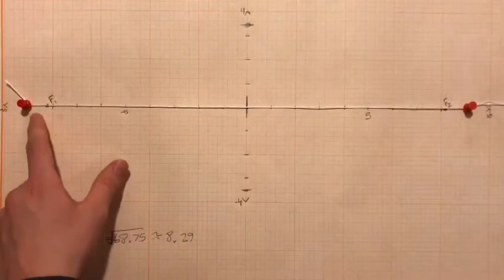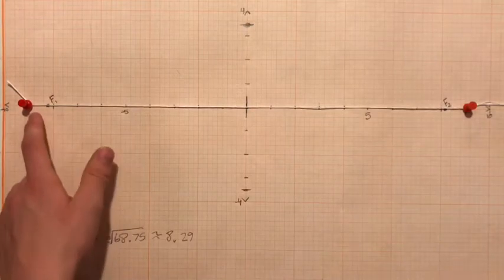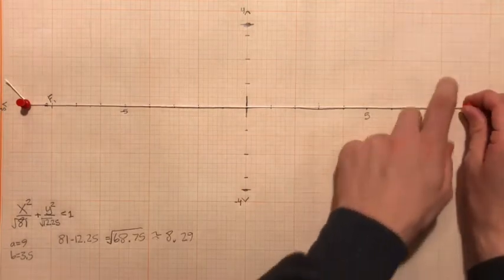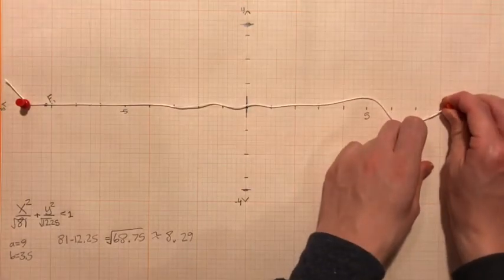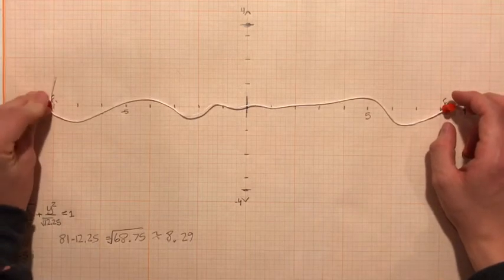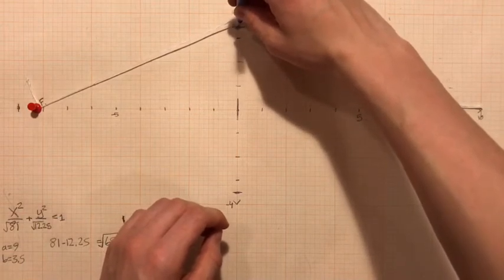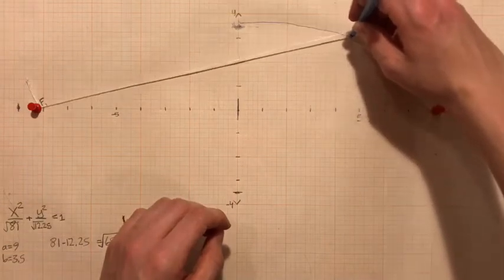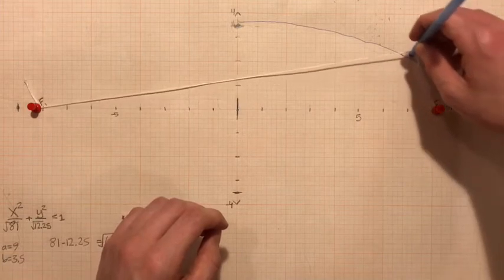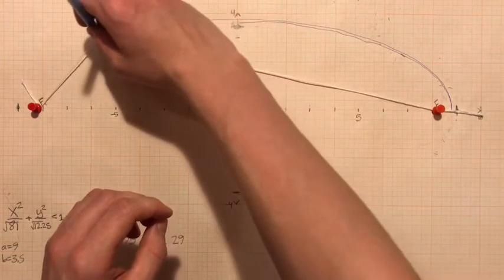So now what I've done is I've got a string measuring the length of the major axis. This is important because this is how big the sum of the focal radii will be. So now, if we move our push pins to the foci, we're going to slowly trace the outside of this ellipse.